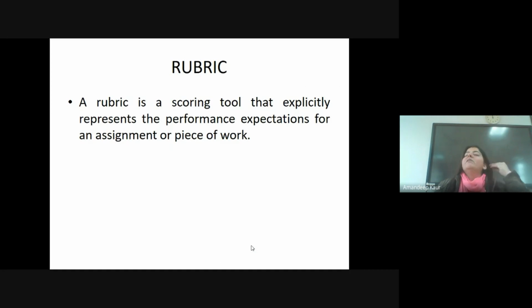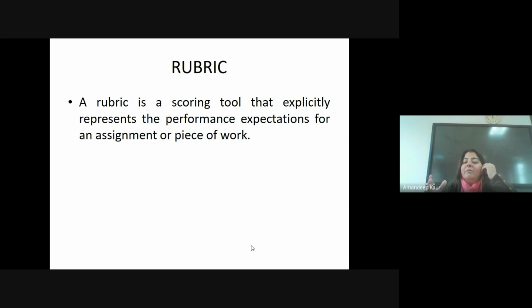In a laboratory environment, there are 4 different factors that we need to consider while designing an assessment criteria: the process evaluation, product evaluation, general behavior of the student, and viva voce. So these are the performance expectations in that particular environment. Likewise, we need to give weightage to these parameters.